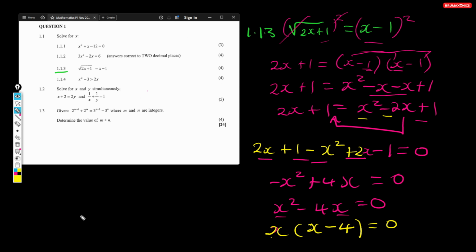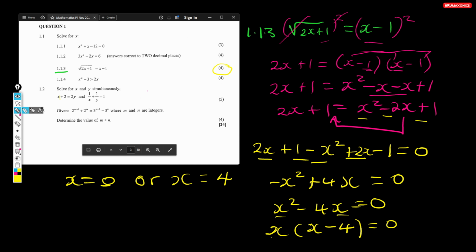So this means that your final answer will be x equals 0 or x equals 4. So this is the solution that we need in order to get 4 marks.